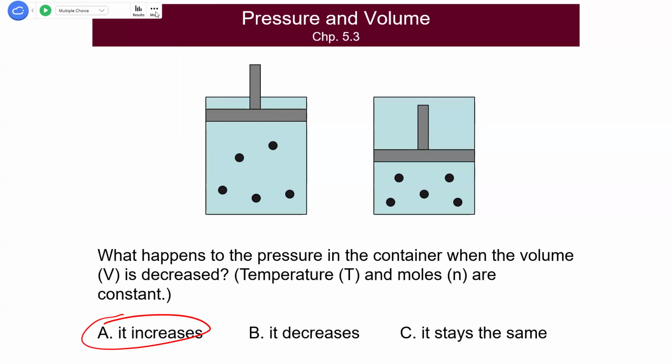It has a certain amount of gas particles, it has a certain number of moles, and it's at a certain temperature. If we just try to squish that basketball down to the shape of a softball, say, now those gas particles are in closer proximity, so they're going to be hitting the walls of that shape more frequently, increasing the pressure. So as volume goes down, pressure goes up.